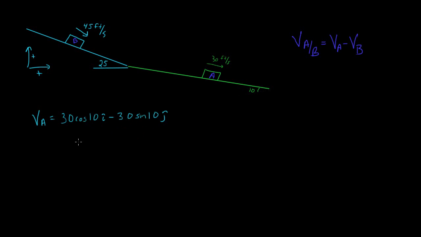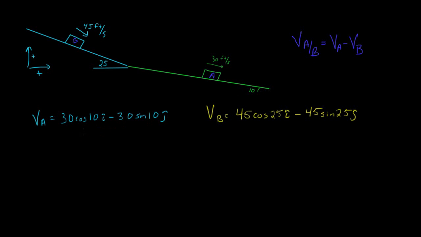And we have the velocity of B. The velocity of B is going to be 45 times the cosine of 25 i minus 45 times the sine of 25 j.